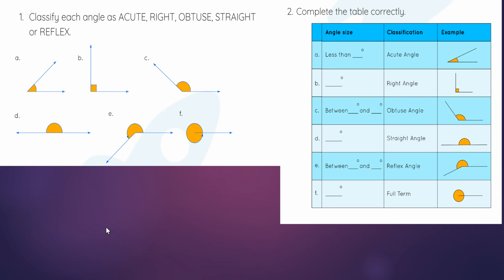My question is, what letter are you on? For number 1 or number 2? Okay, do you understand what to do? Yes, sir. Okay, but you have to answer when I call your name.